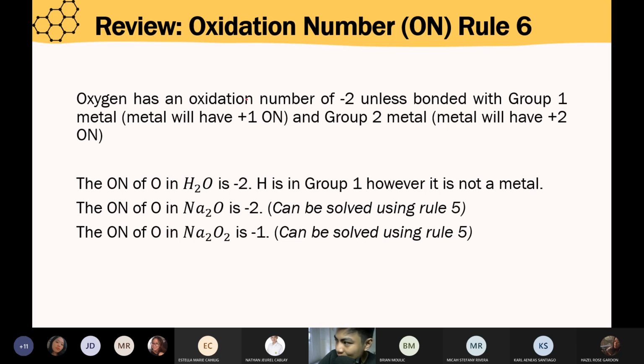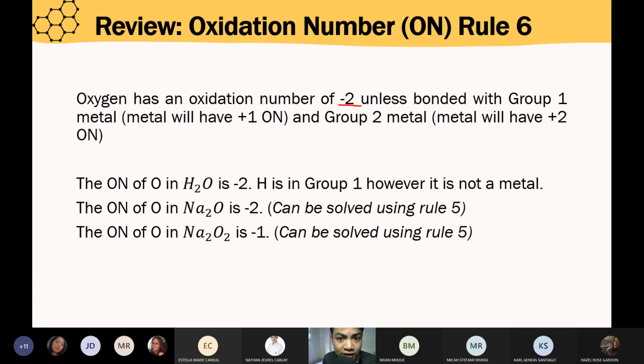Oxygen usually has an oxidation number of negative 2 unless bonded with a group 1 metal. For example, if oxygen is bonded with calcium, which is a group 2 element, its oxidation number is automatically negative 2.